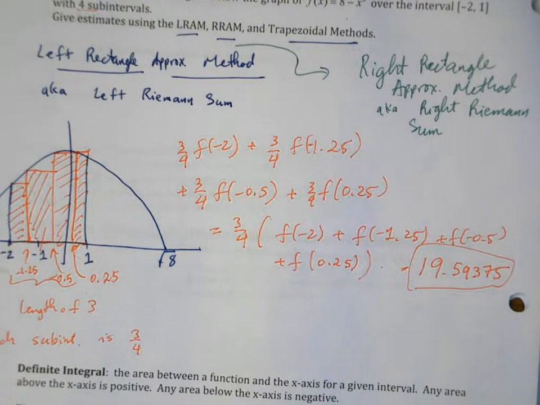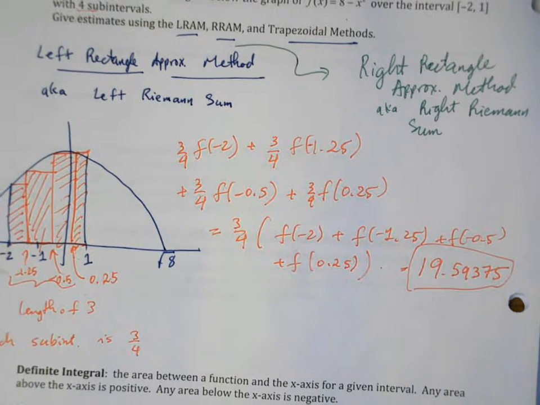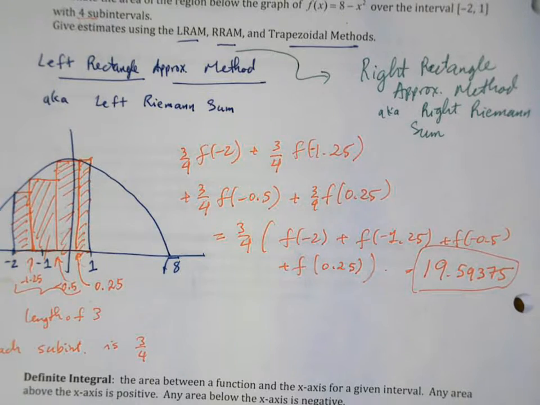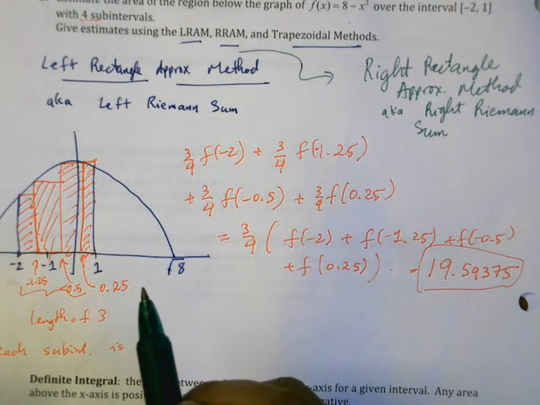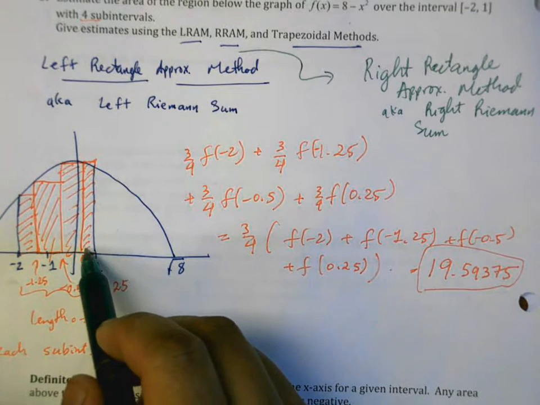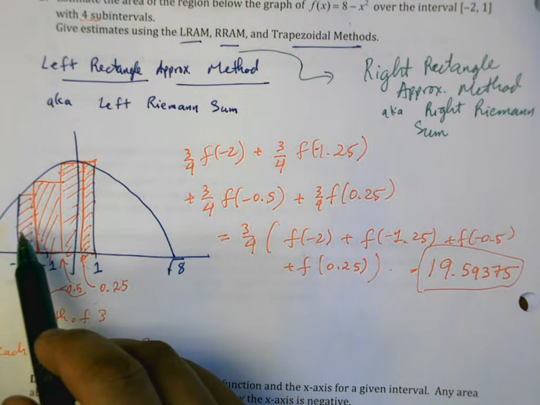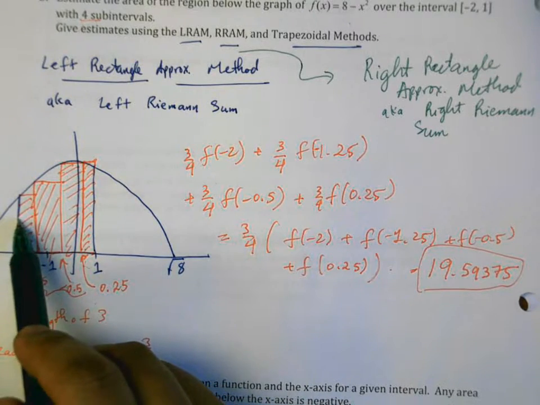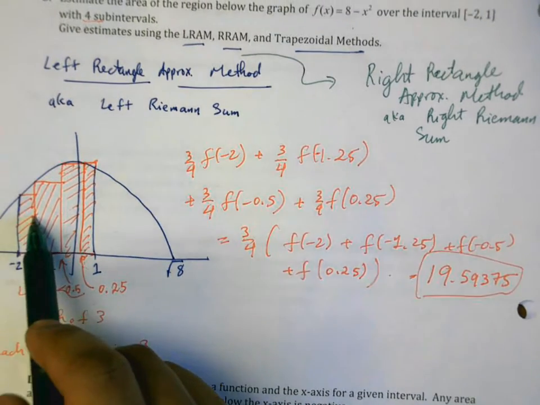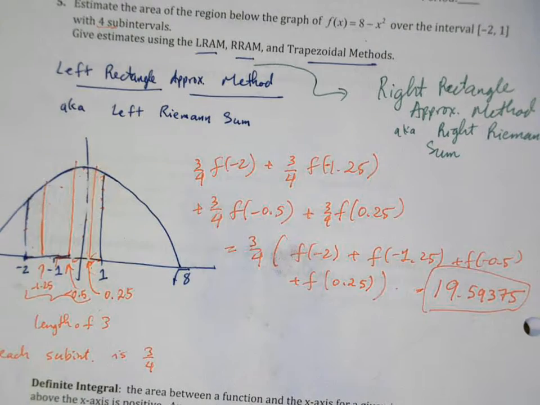Again, that's not the exact same thing, but it's almost the exact same thing at this stage, and you'll hear it used almost interchangeably. So with the right approximation method, all we have to do is recalculate this, but instead of using the left points, we're going to use the right points for every rectangle.